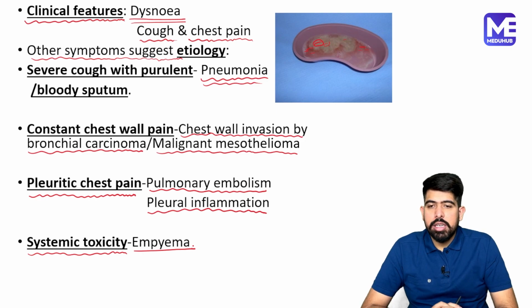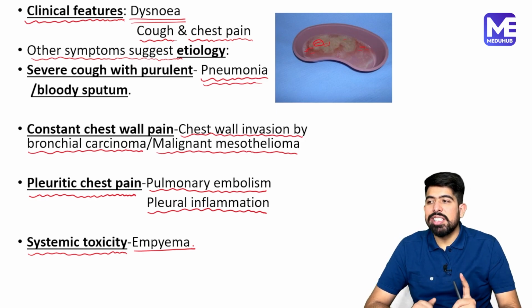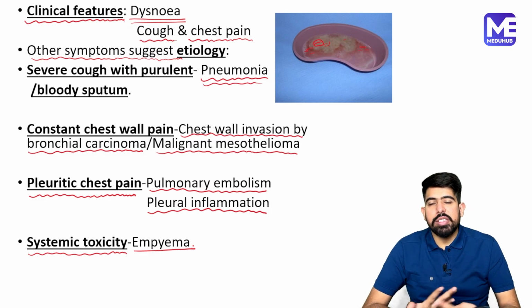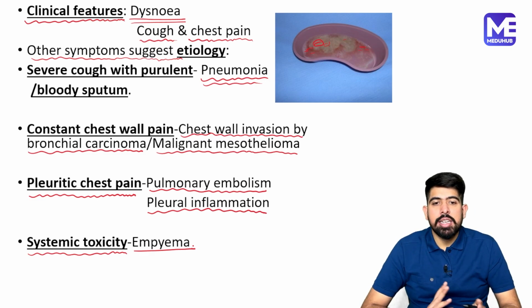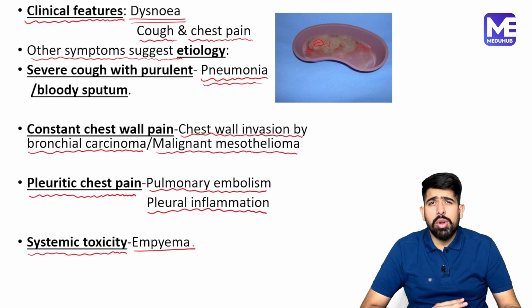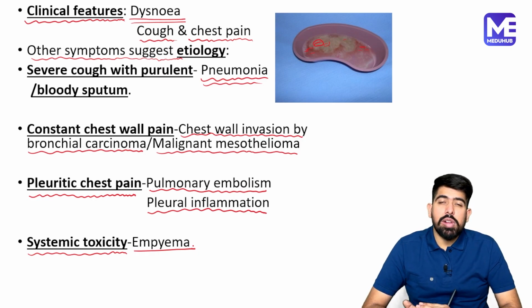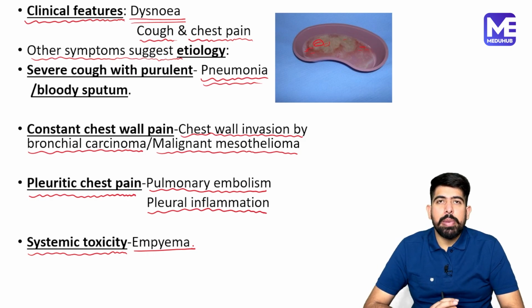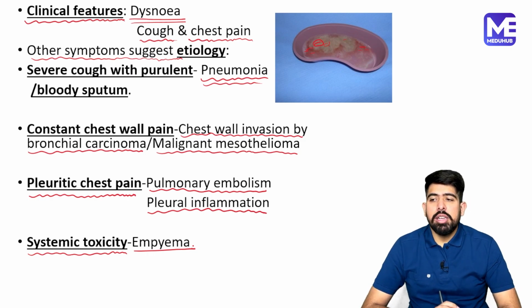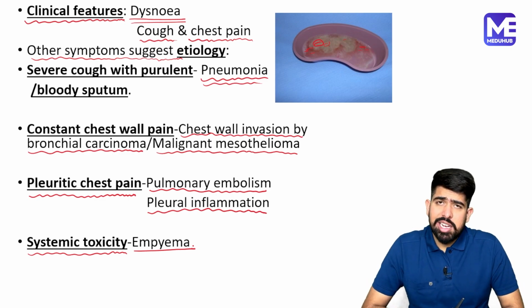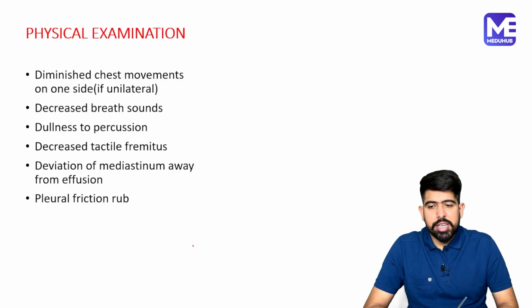So please remember the common clinical features will be dyspnea, cough, and chest pain, and some other features suggest the etiology. If there is purulent discharge or blood, pneumonia can cause it, and if constant chest wall pain is there, there may be invasion by bronchial carcinoma, right?